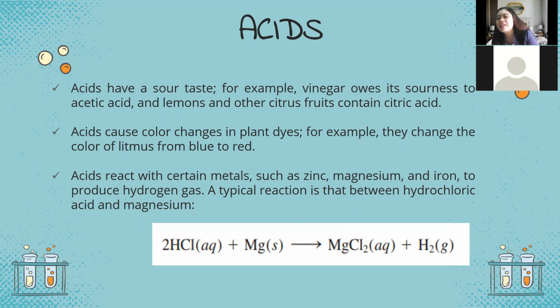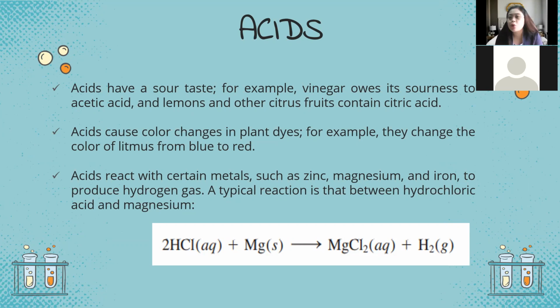Again, magiging single replacement reaction siya. We have an example here, the hydrochloric acid. So in aqueous form ha, so liquid na HCl, pag pinag-react mo siya kay magnesium na solid, magkakaroon ng single replacement reaction.